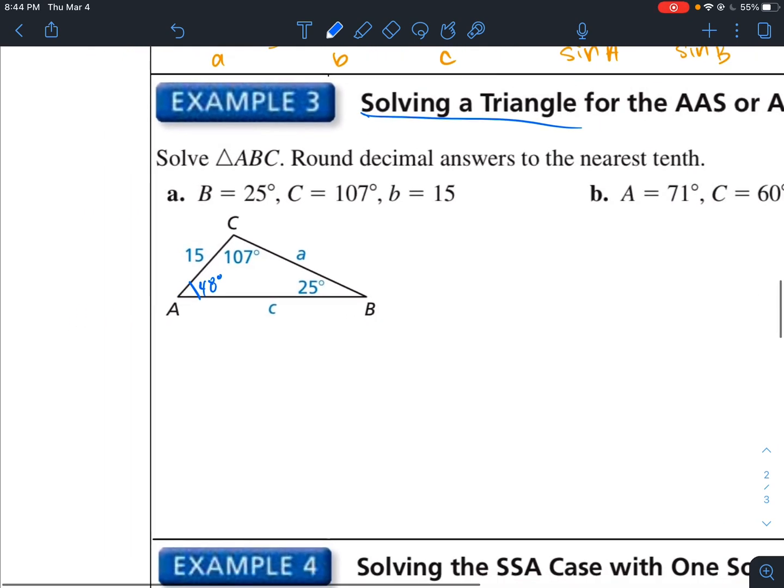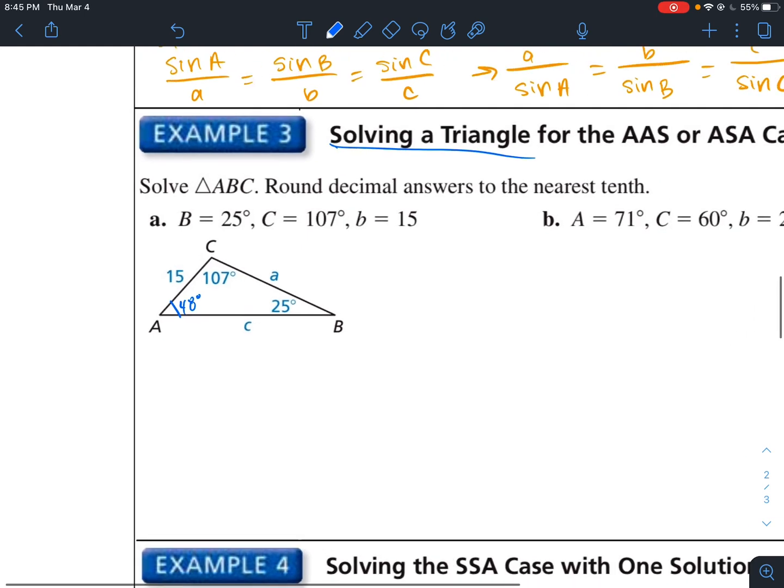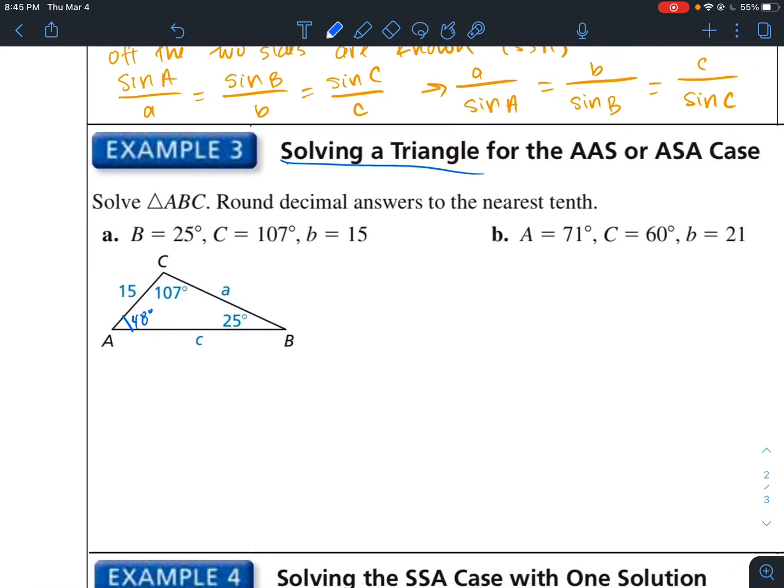Now we need to find side length A and side length C. So let's use the law of sines. I'm missing side length A, so I'm going to want to use this one right here. I'm missing side length B, so I'm going to need this one right here. And I know side length C, so I'm still probably going to want to use this one right here. These are all equivalent, so this is how you can set it up.